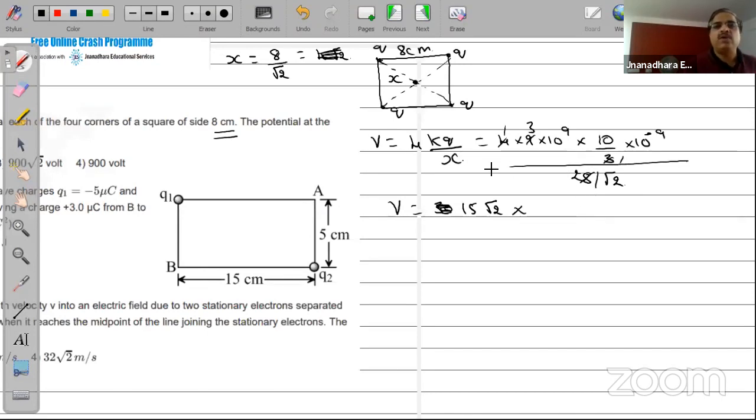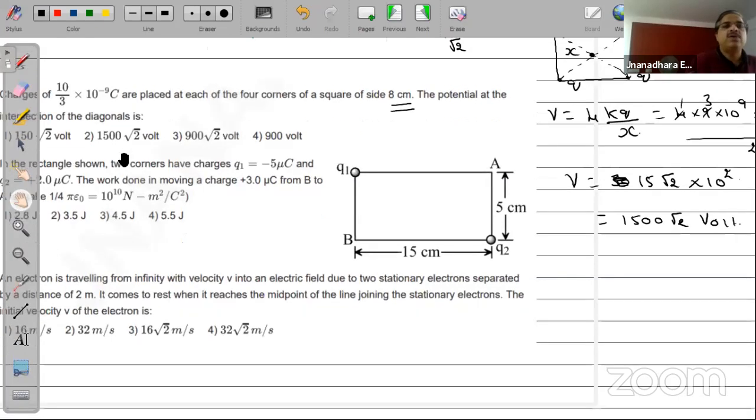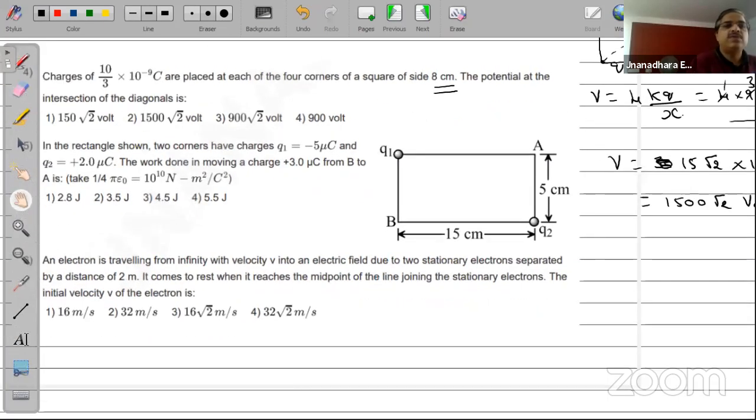I forgot the centimeter, so into 10 to the power minus 2, which goes up and becomes 10 to the power plus 2. So therefore this should be 1500 root 2 volts. Just see if there's an answer like that. The answer to this is the second one, which is 1500 root 2.